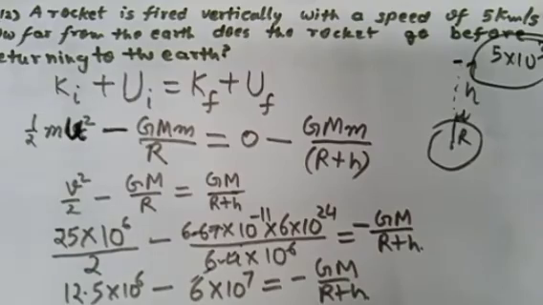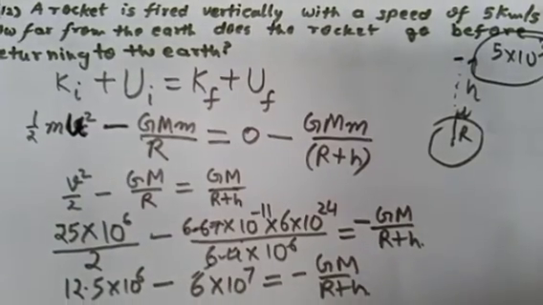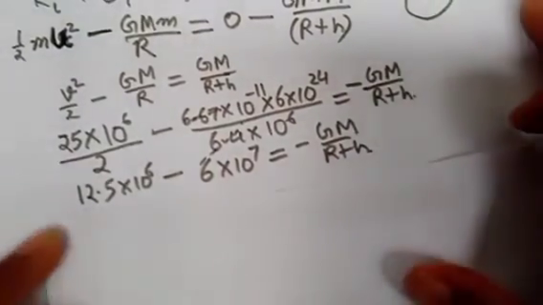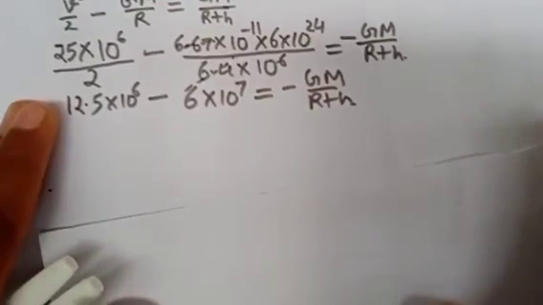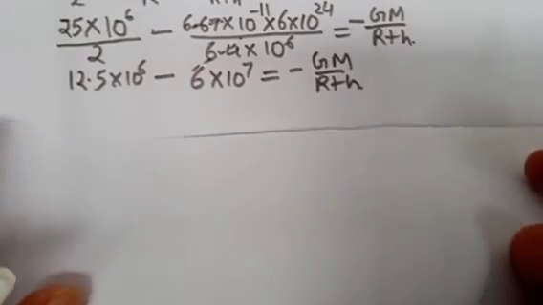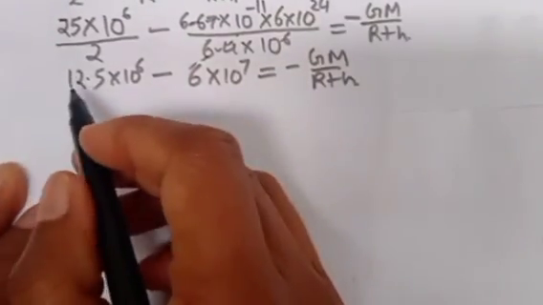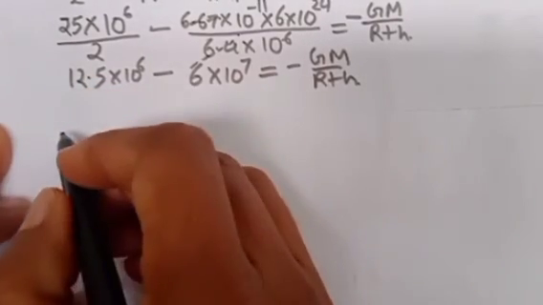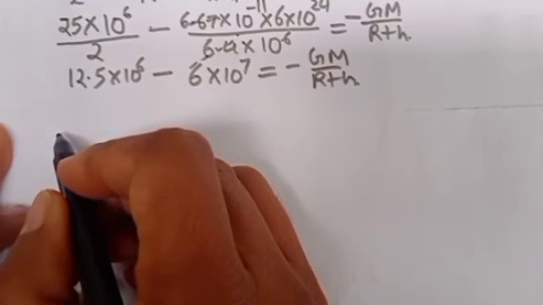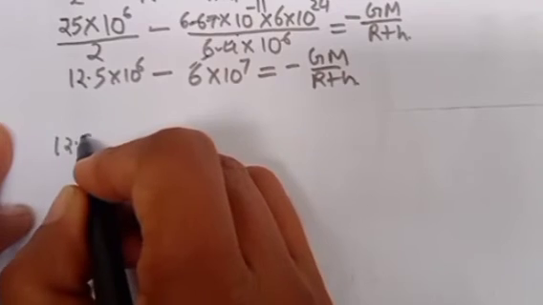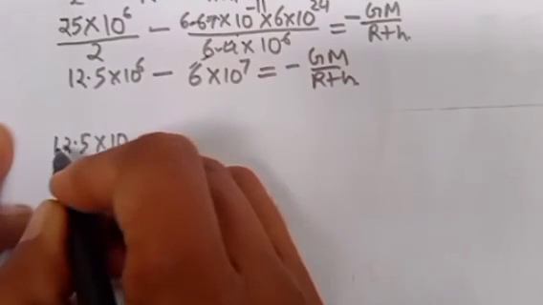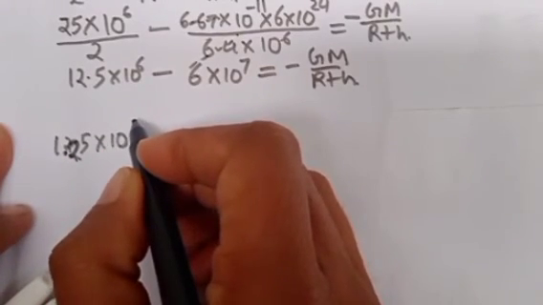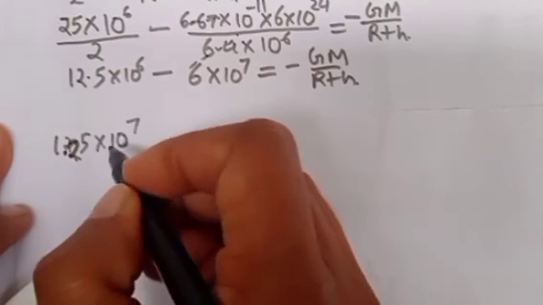Actually it is 1.25 into 10 to the power 7, minus 6 into 10 to the power 7.